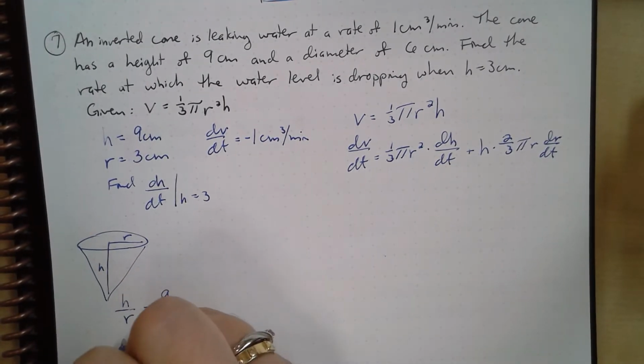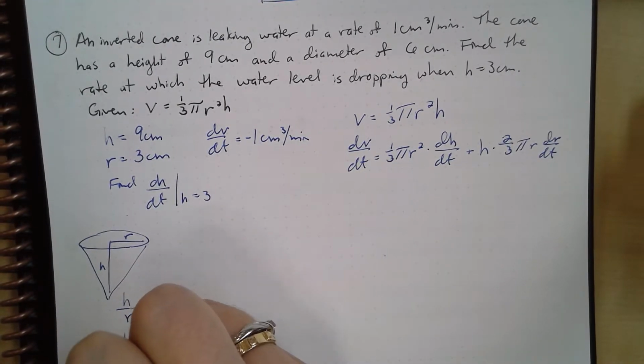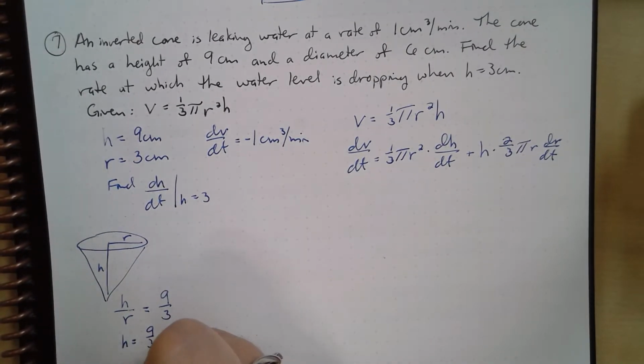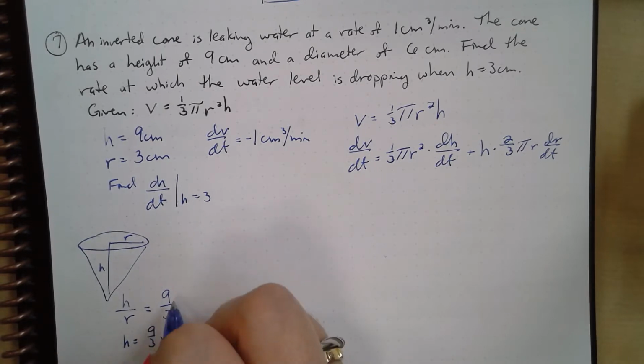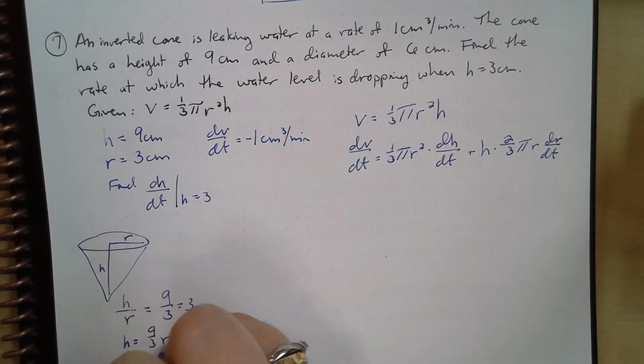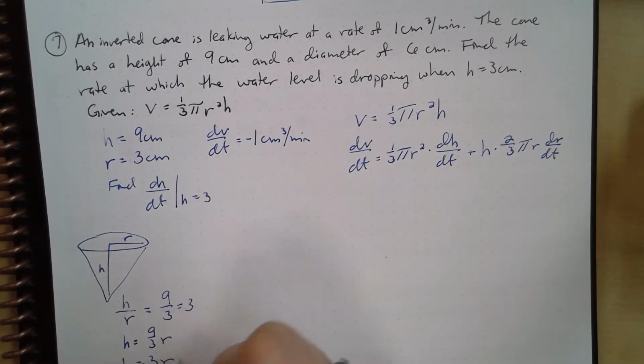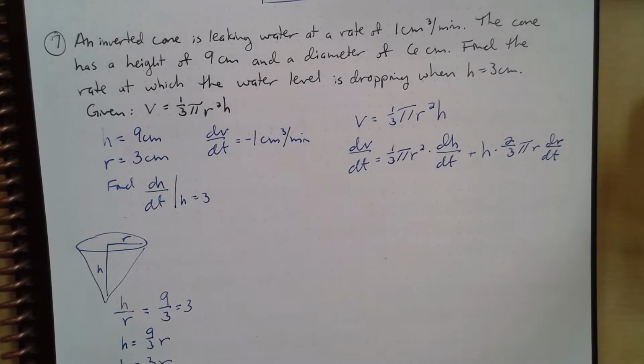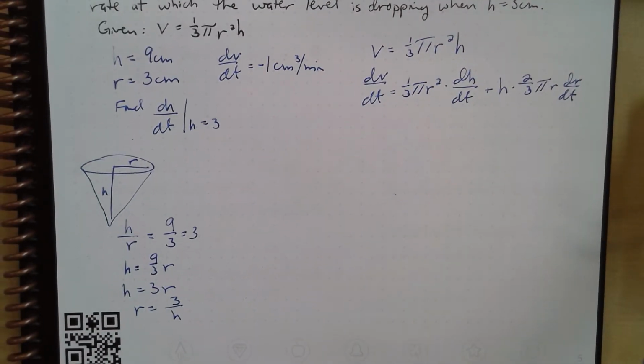So h is equal to 3r, or I can say that r is equal to 3 over h. I think that might be easier to use.